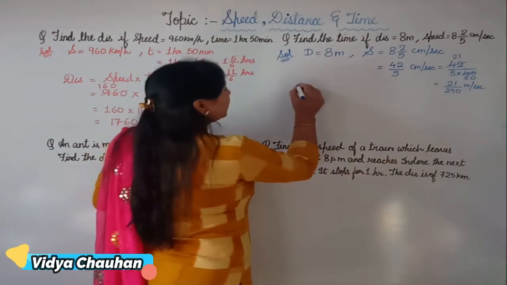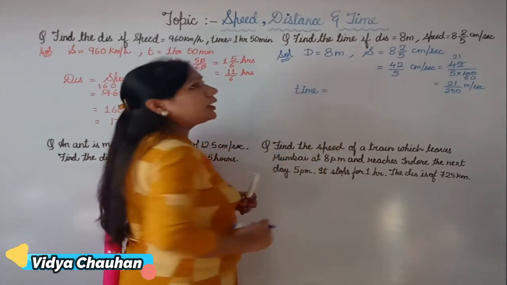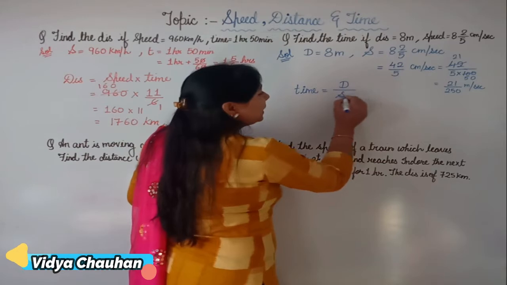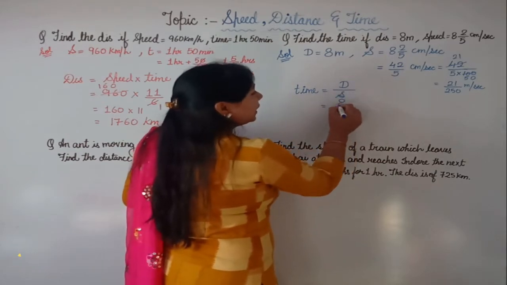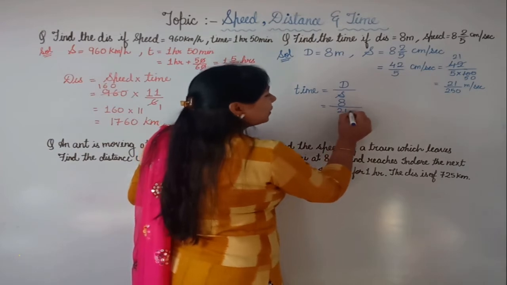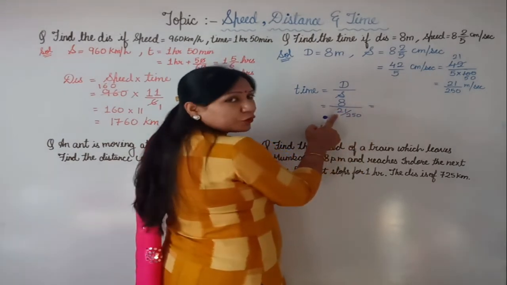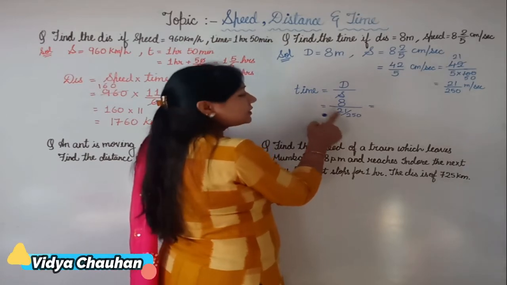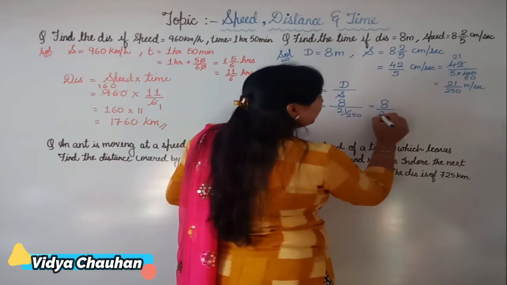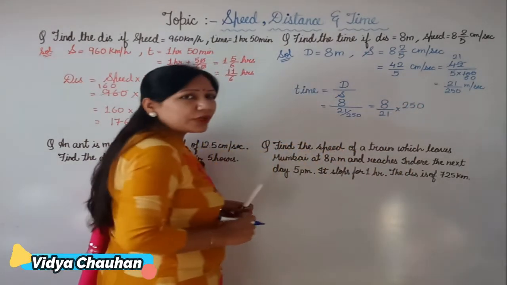Now you have to calculate the time. What is the formula for calculating the time? Time is equal to distance upon speed. Distance is 8 meter and the speed is 21 upon 250. Now we will reciprocate this fraction in the denominator, so it will become 8 upon 21 and this 250 will go into the numerator.